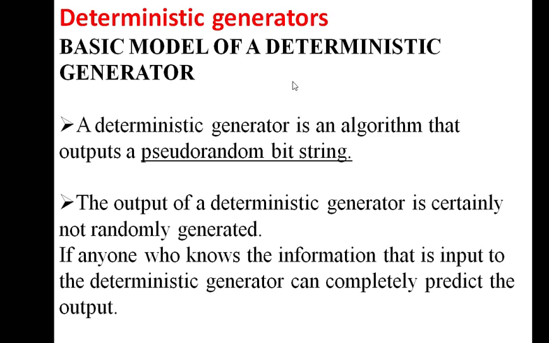This model of deterministic generator is an algorithm that outputs a pseudo-random bit string, and the output of a deterministic generator is certainly not randomly generated. Anyone who knows the information that is input to the deterministic generator can completely predict the output.